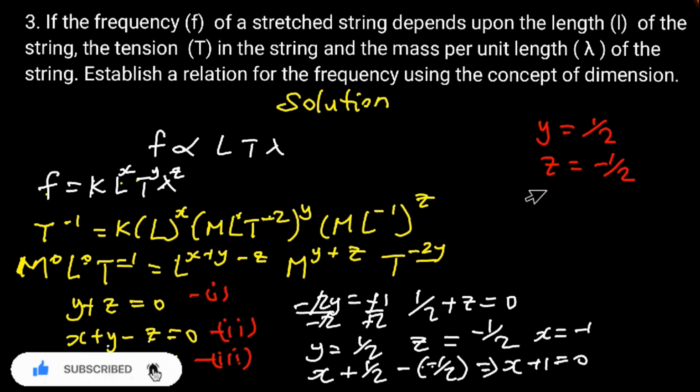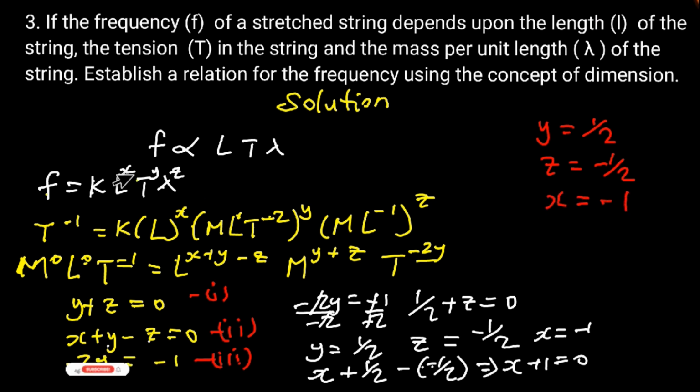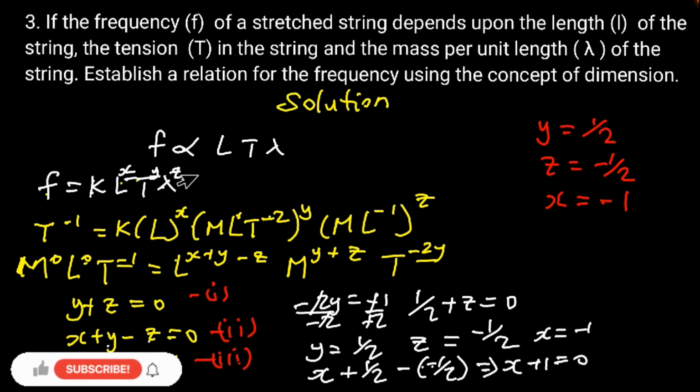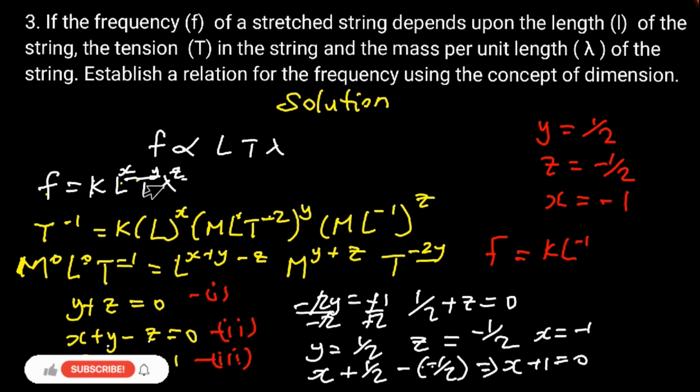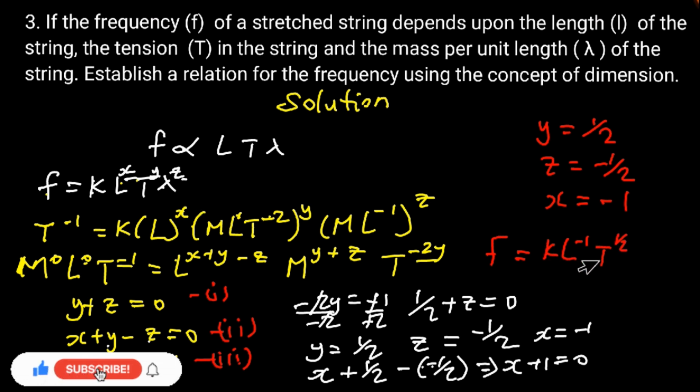Alright, so x here is equal to negative 1. So we're going to replace x, y and z with minus 1, half and minus half. So frequency is equal to k into L raised to the power x, which is negative 1, then multiplied by T raised to the power y, which is half, and then lambda raised to the power z, which is minus 1 over 2.